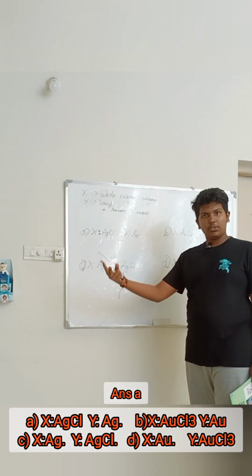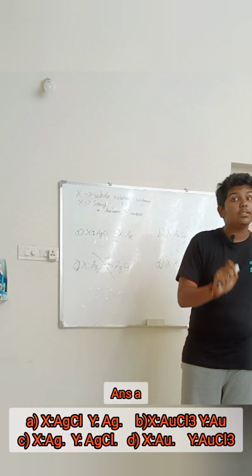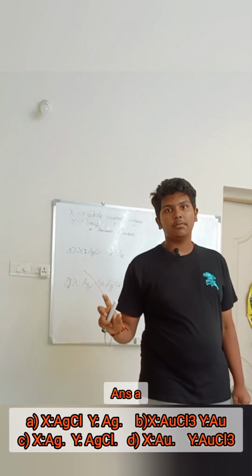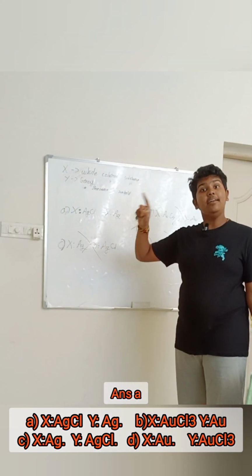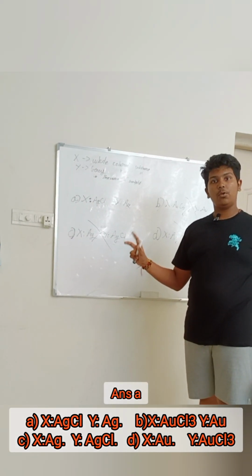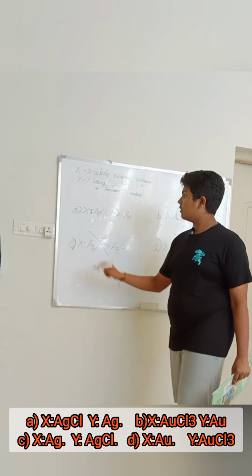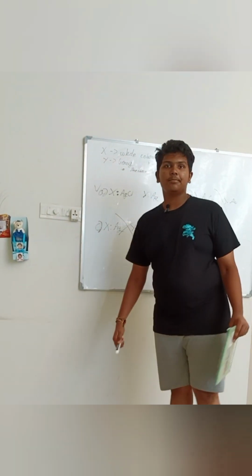One reactant turns into two products in the presence of sunlight or light. And here this is getting split into Ag and chlorine. So hence this is the answer.